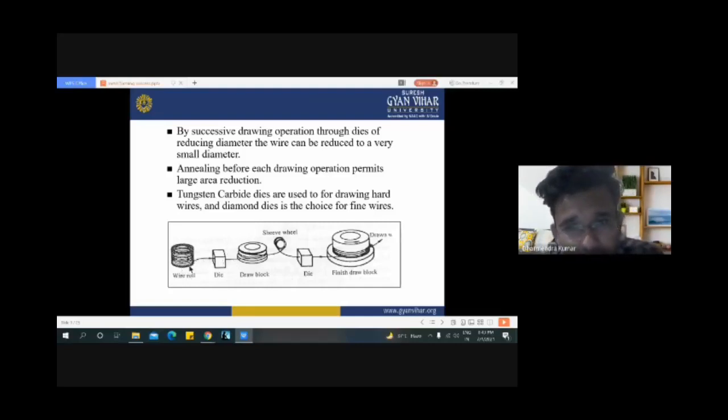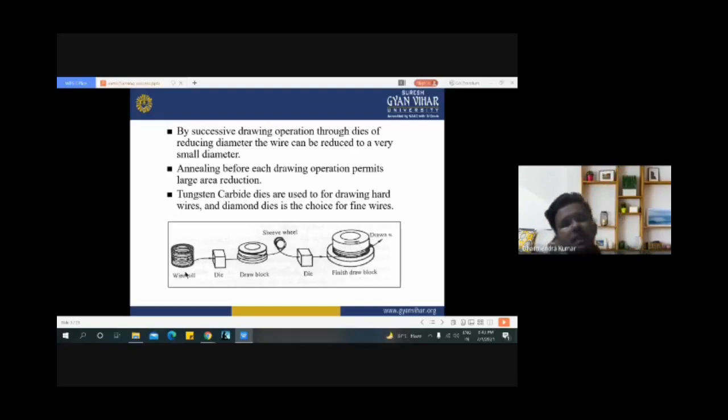If you compare the diameter of this wire with this wire, this wire has less diameter than this wire, because this is the raw material for this process.